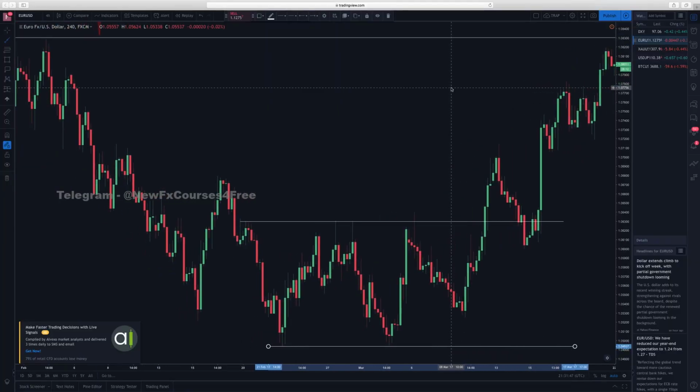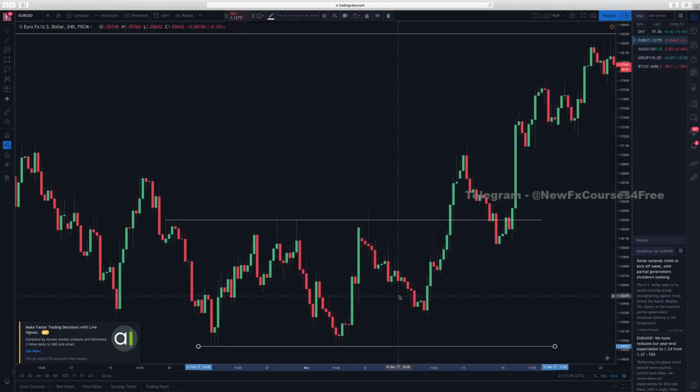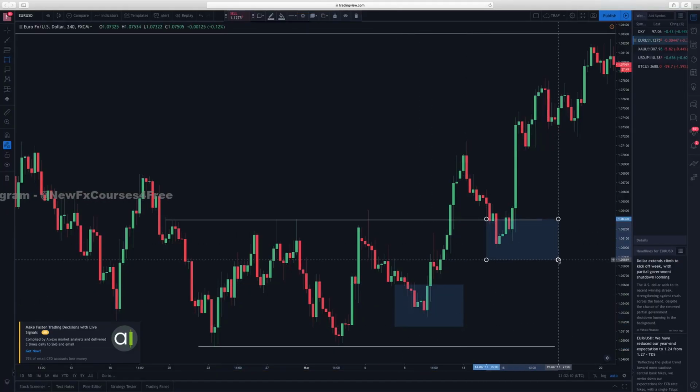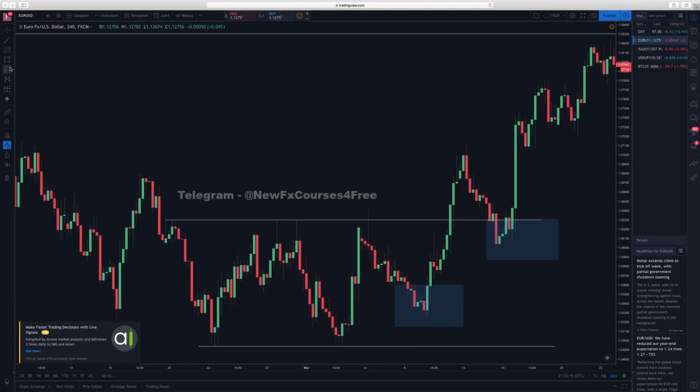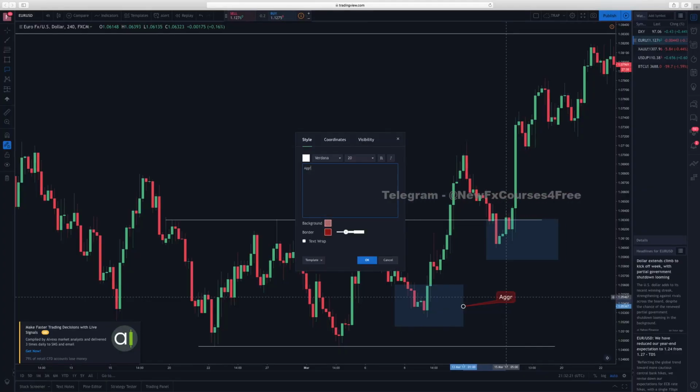But the 100% important thing for you to understand is this would be classed as the aggressive entry, whereas this entry up here would be classed as conservative. So let me just box this off so it's nice and clear for you to understand. This would be classed as aggressive, simply because of a lack of clear confirmation.